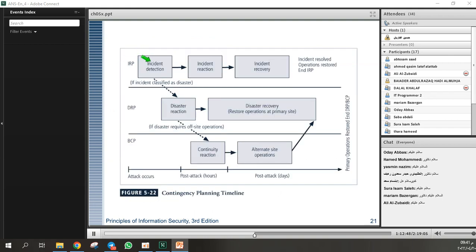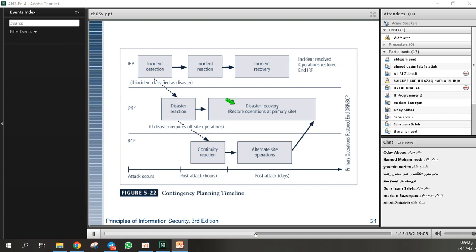Look at this one here. In IRP, I should detect an incident, react against it, and recover from it. But if the incident is big, so it's a disaster, I should start the DRP, reacting against that disaster.